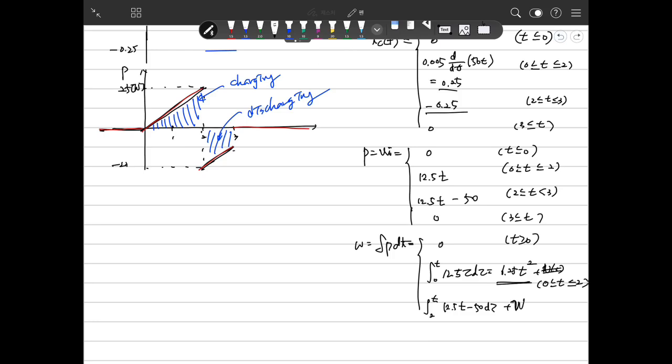Excuse me, this is not v, this is w, at t equals 2. So from here you can calculate, and the value will be 6.25.